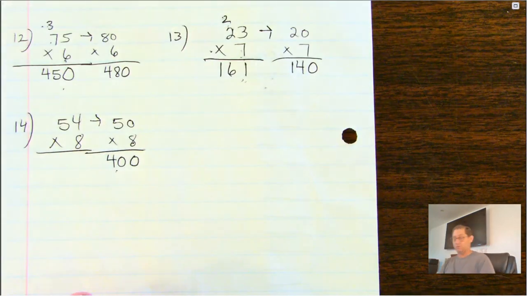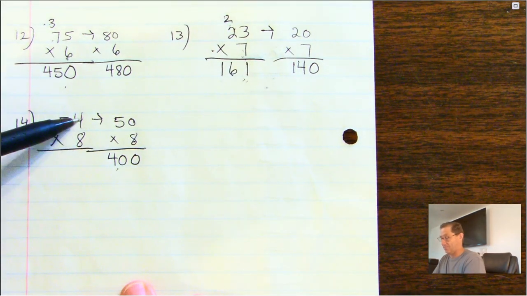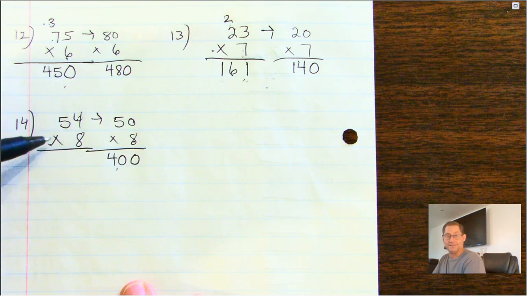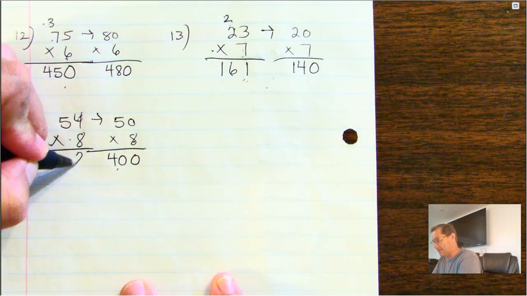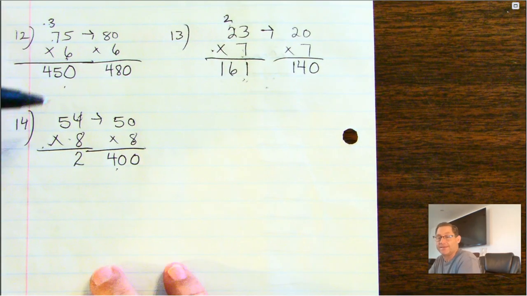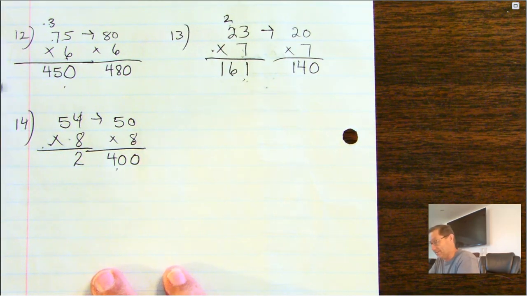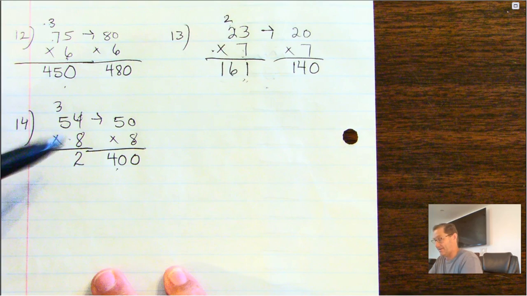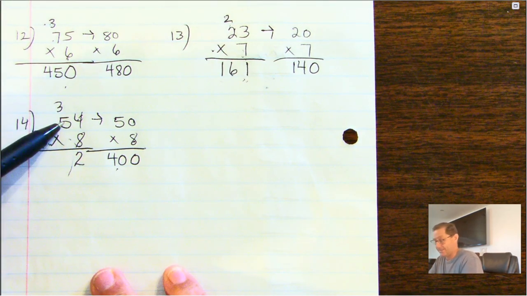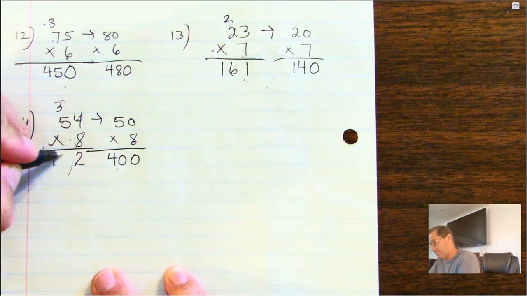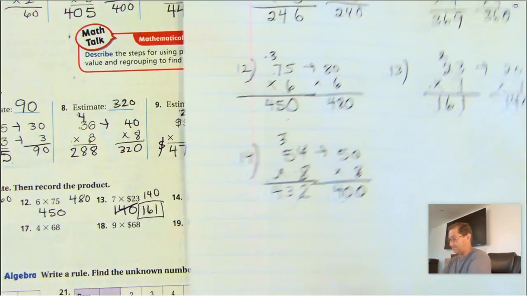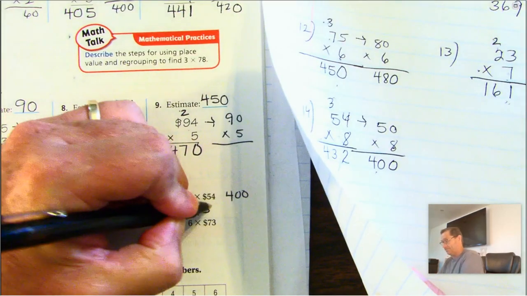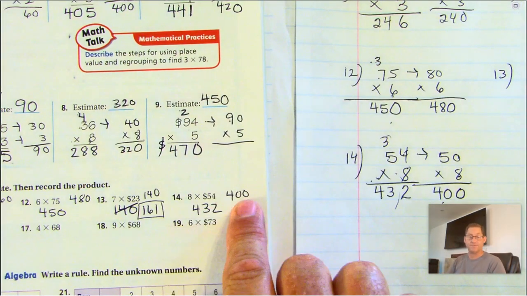So step 1 to multiply, 8 times the 4 ones. 8 sets of 4 ones is 32 ones. We're going to regroup 30 of the ones as 3 tens. 8 times 5 tens is 40, plus 3 more, 43 tens, 432. Okay, that is close to our estimate of 400, so let's keep right on going.